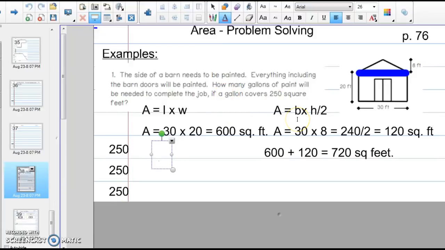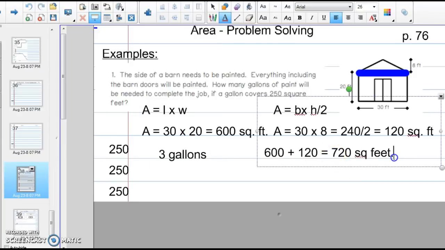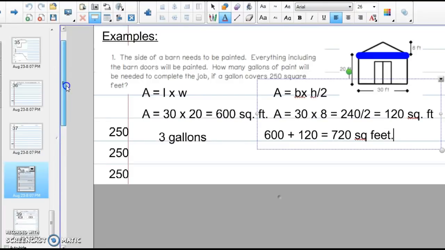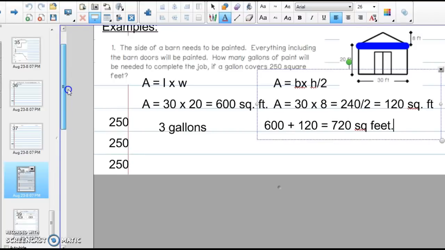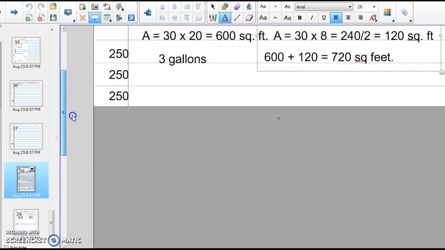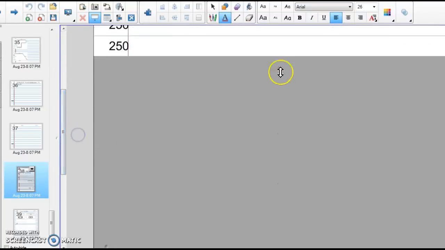How many gallons of paint will need to complete the job? 3 gallons of paint we would have to buy, because only 1 gallon covers 250 square feet and we have 720 square feet. So the answer for example number 1 is 3 gallons. Make sure you have all this work done, because you're going to have problems similar to this on your test on Wednesday. Okay, let's look at number 2.